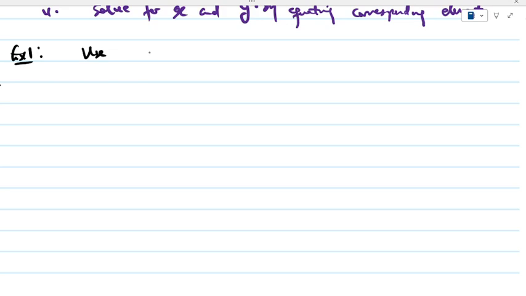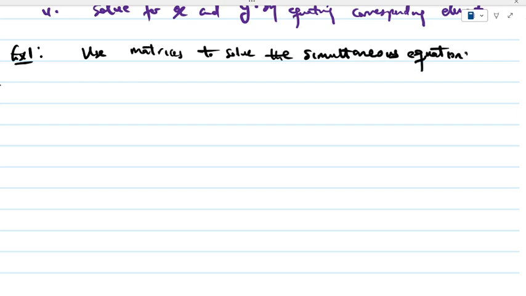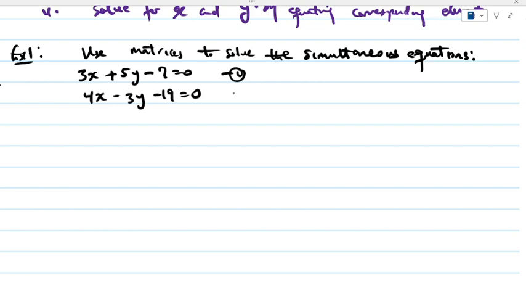Use matrices to solve the simultaneous equations: 3x plus 5y minus 7 equals 0, equation 1; 4x minus 3y minus 19 equals 0, equation 2.